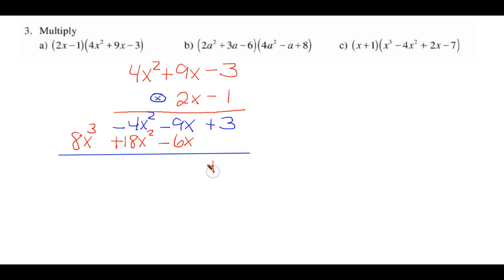So this is going to be a plus 3. This will be a negative 15x. Now here we have to be careful. They're unlike signs. So this is a positive 14x squared. And then we just bring this down here. And again, we've done something in a neat and orderly way, developing a strategy to ensure that we're going to get correct answers.